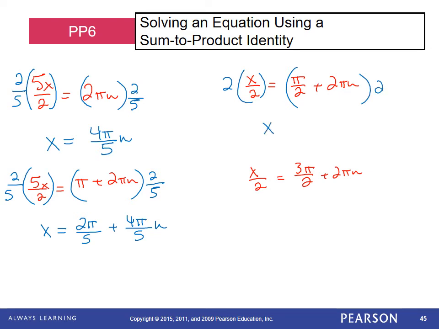So x is equal to, looks like just pi plus 4 pi n. And last one here, multiply by 2 here, multiply by 2 here. We got ourselves x is equal to 3 pi plus 4 pi n. Okay. Almost done, almost done.